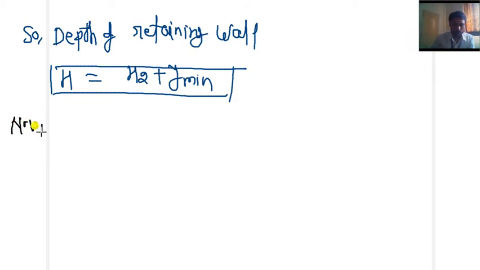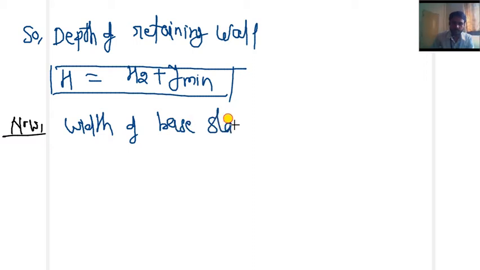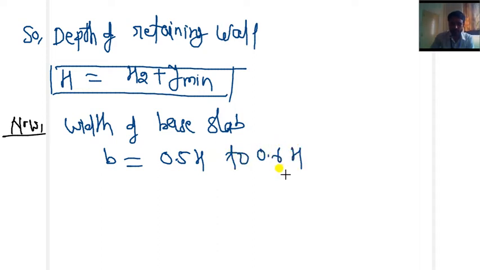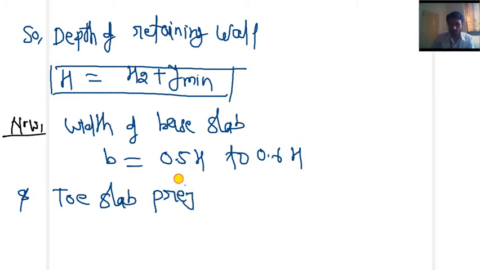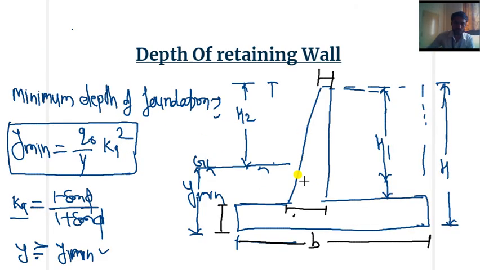Now, with the base slab, the width of the base slab B will be equal to 0.5 times H to 0.6 times H, and the toe slab projection will also be equal to 0.3 times B. And what is the toe slab projection?